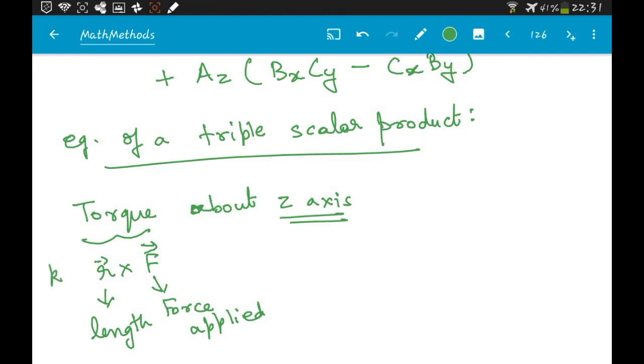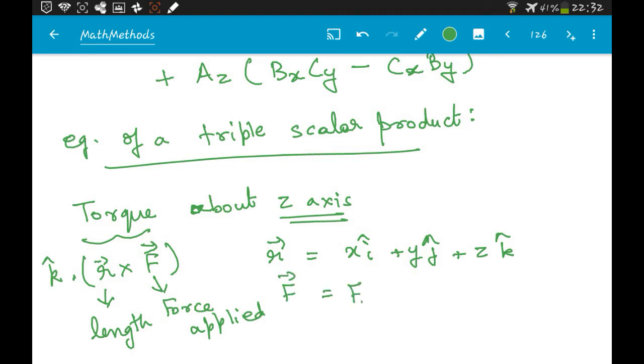So what you will do is k dot r cross f. Now let's say r is xi plus yj plus zk, and f is fxi plus fyj plus fzk, right?